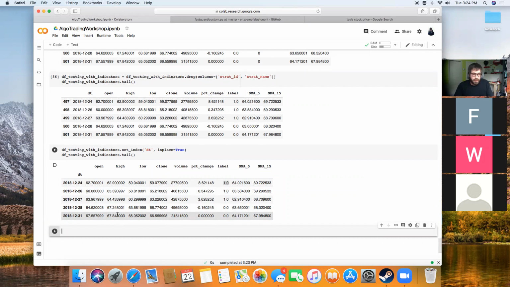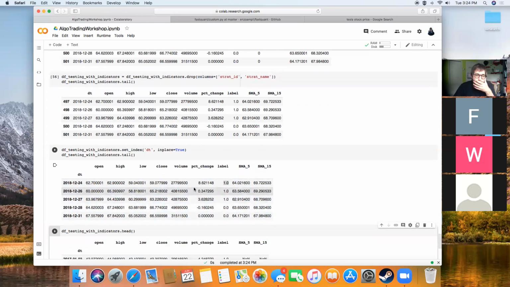Okay, so of course we have some not available values, because whenever we calculate the SMA, it can be missing values from the beginning, especially. So we'll look at, for example, the head of this. I think we will get a lot of not available data.